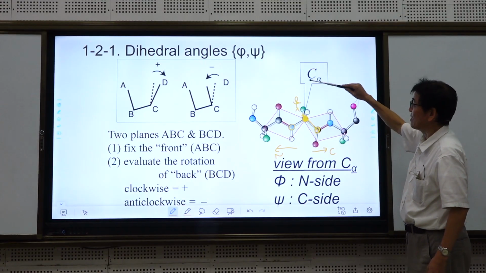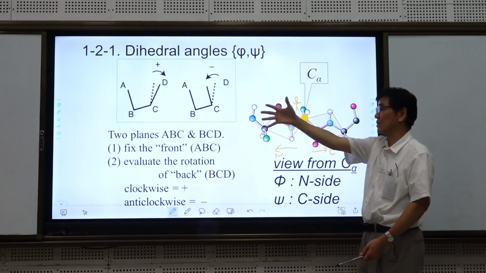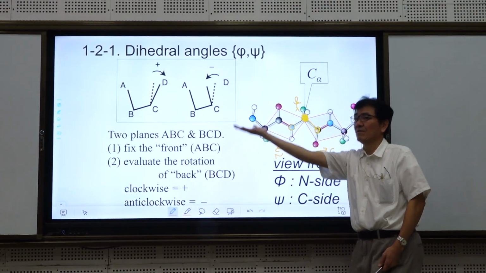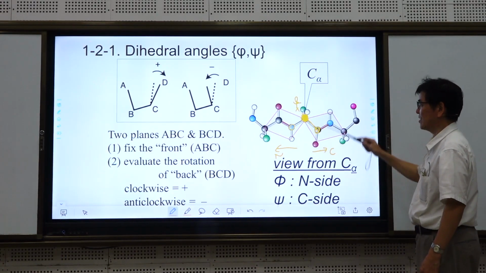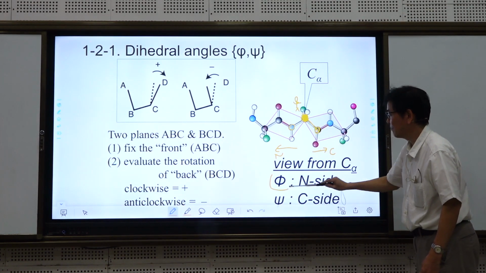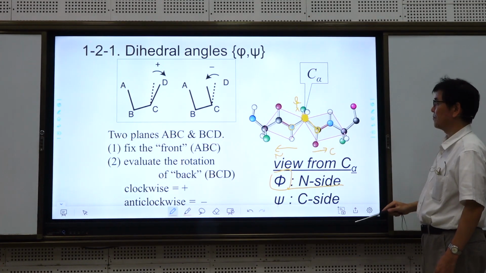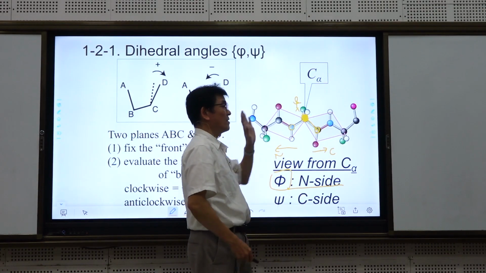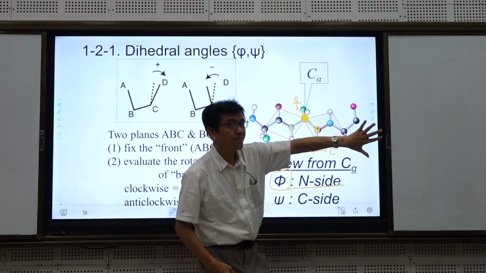So when we watch from this carbon, we can define the rotation angle or dihedral angle of this plane rotating. Then please use the parameter phi as the dihedral angle for the N side. Also, please stand on this carbon and look at the carbon side. Then this plane rotates.